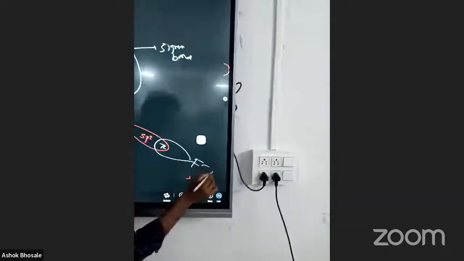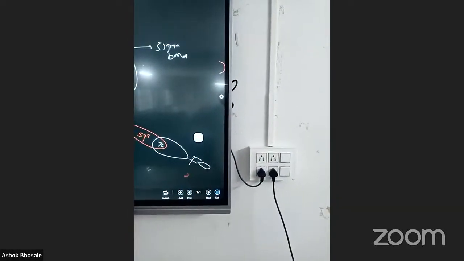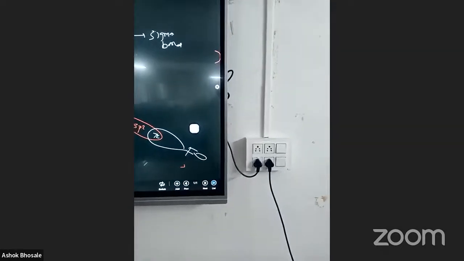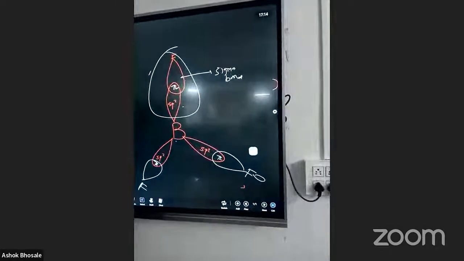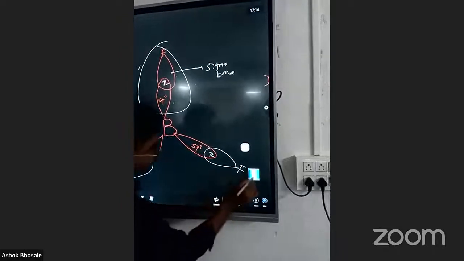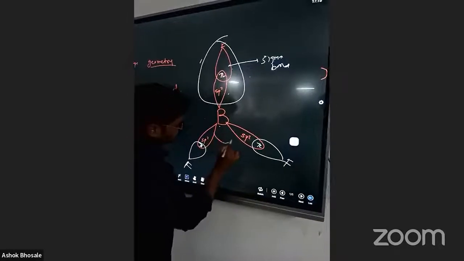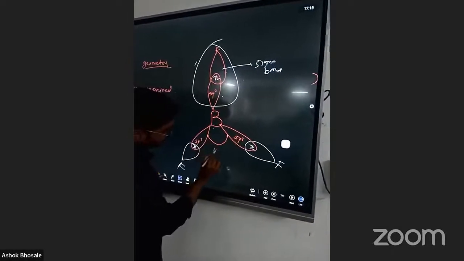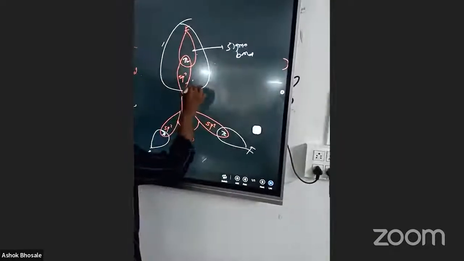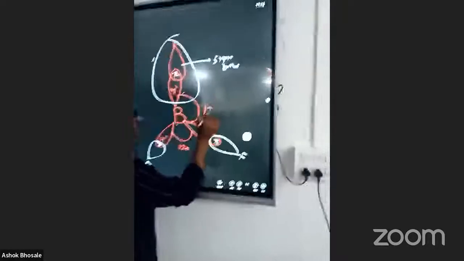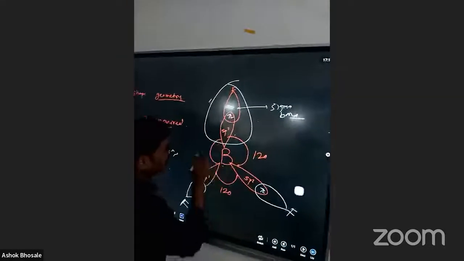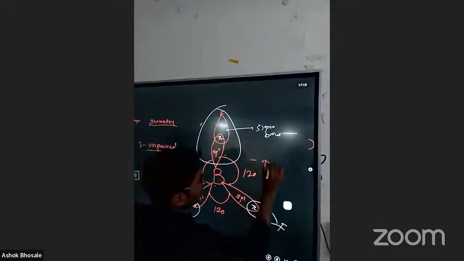And this is the orientation of the BF3 molecule. These two orbitals having a 120 degree angle. And their geometry, we saw, is trigonal planar.